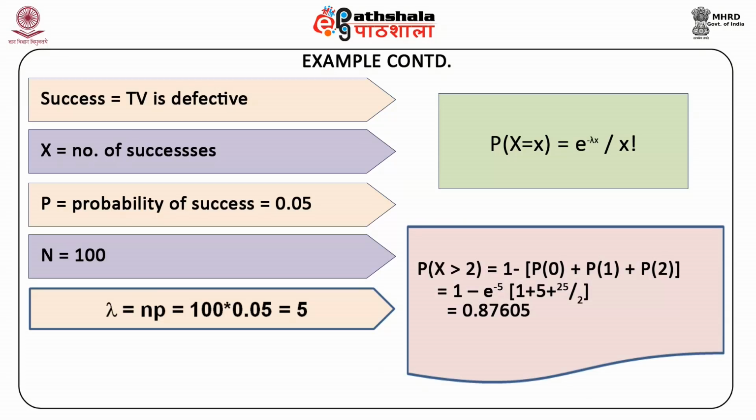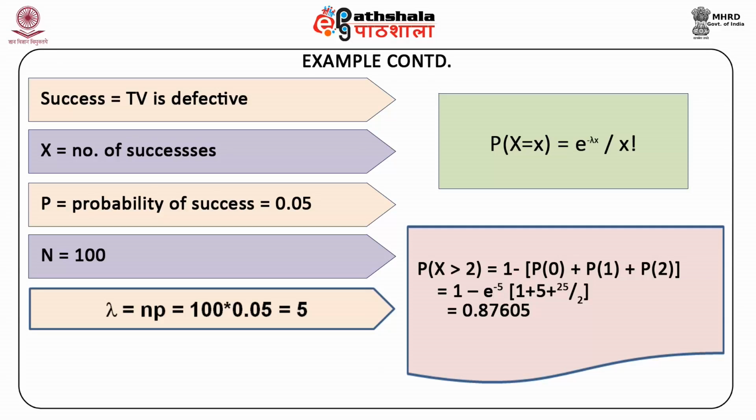Therefore, probability of x greater than 2 is equal to 1 minus the sum of probability of 0 plus probability of 1 plus probability of 2. This is equal to 1 minus e to the power minus 5 multiplied by 1 plus 5 plus 25 upon 2, which is further equal to 1 minus e to the power minus 5 into 37 by 2.